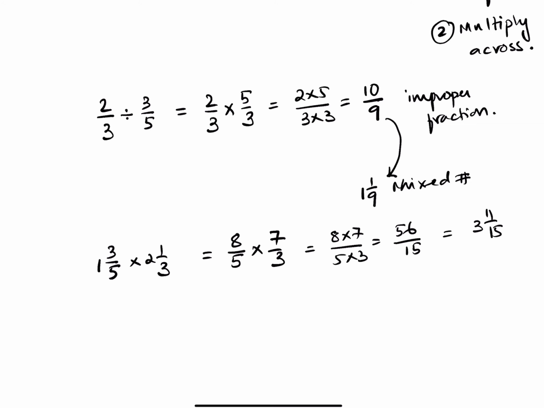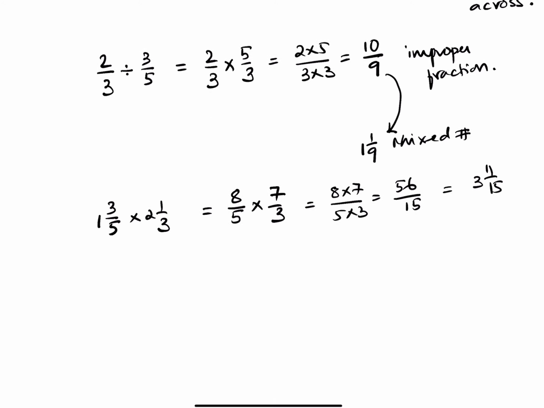I want to end by showing you how to divide mixed numbers. For example, if I take 1 and 1 over 9, and I'm trying to divide that by 2 and 1/3, then for the 1 and 1 over 9, that gives me 10 over 9.